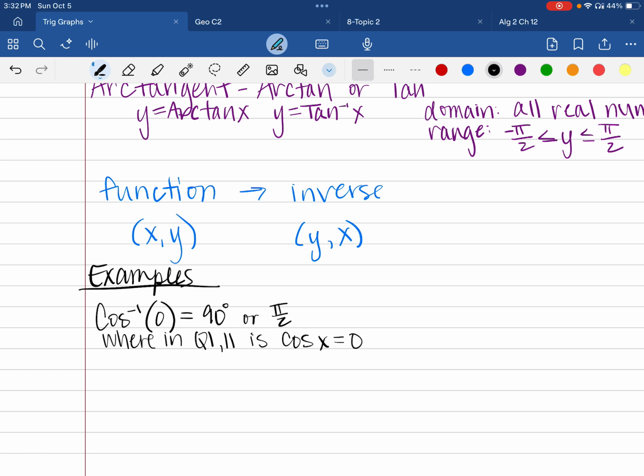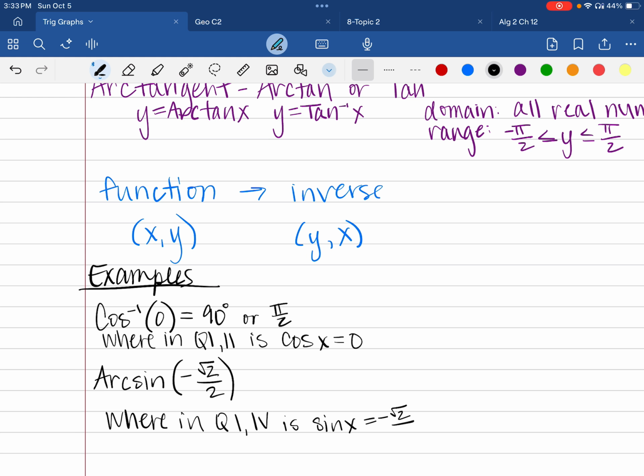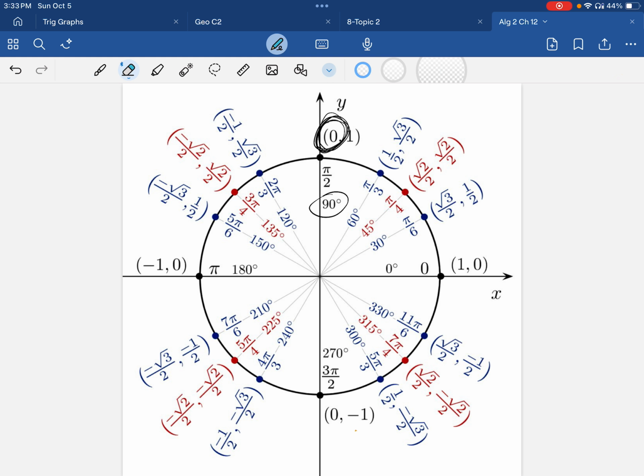If we do the other notation, say arc sine of the negative square root of 2 over 2, this is asking us where in quadrants 1 or 4 the sine of x is equal to the negative square root of 2 over 2. Looking at your unit circle, we find where sine is equal to the negative square root of 2 over 2, which is right here in the fourth quadrant.